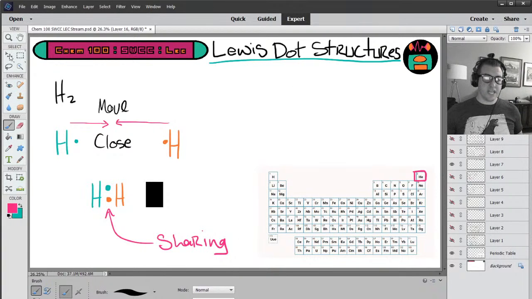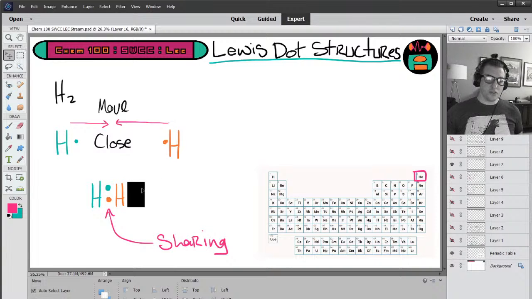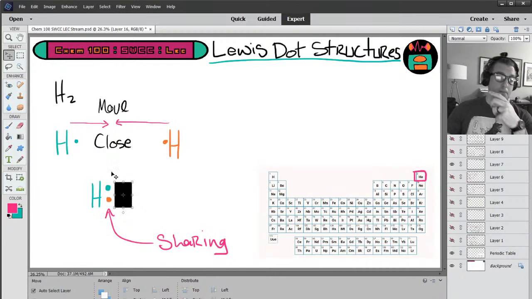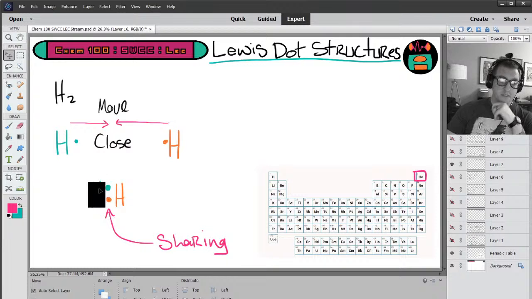And if you take a moment and look at just the green hydrogen, if you pretend the orange one isn't there, it looks like the green hydrogen has two electrons. Let's do the same experiment for the orange hydrogen. What if we cover up the green hydrogen and look at the orange hydrogen? We ask, okay, how many electrons does it have? Well, it looks like it has 2 electrons.